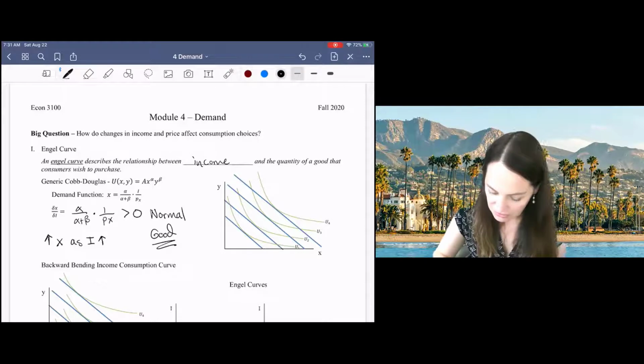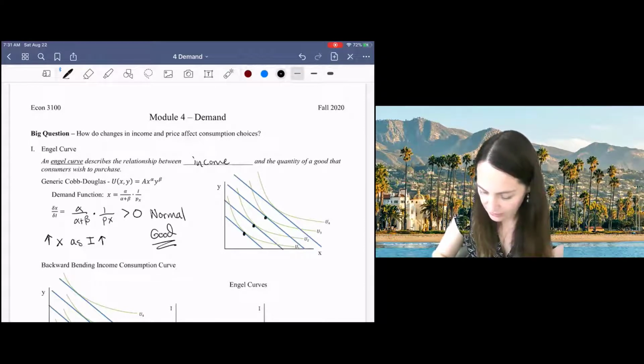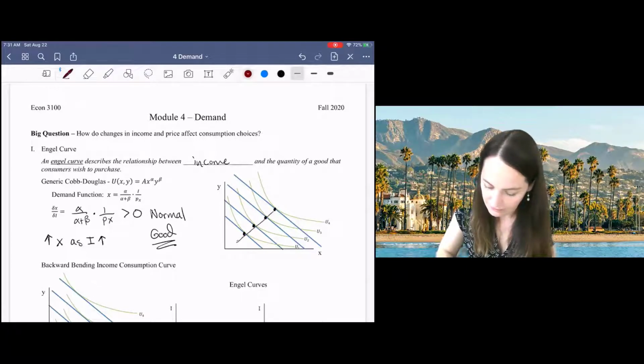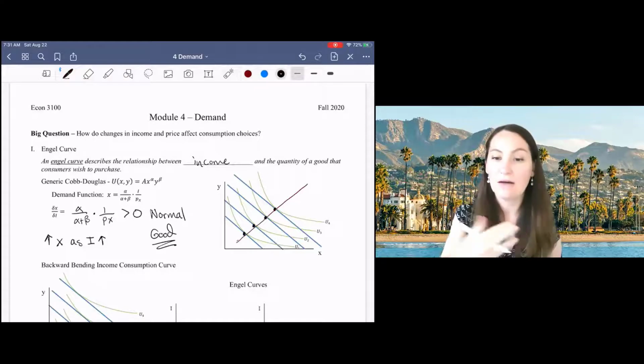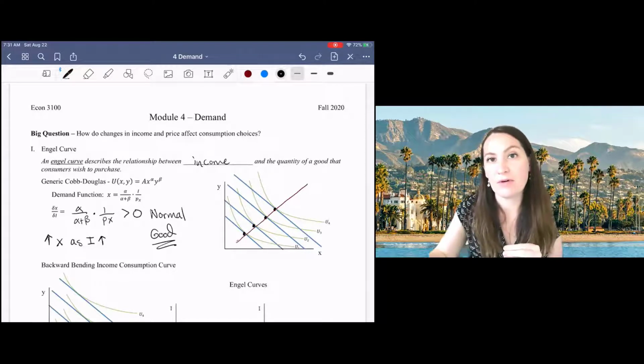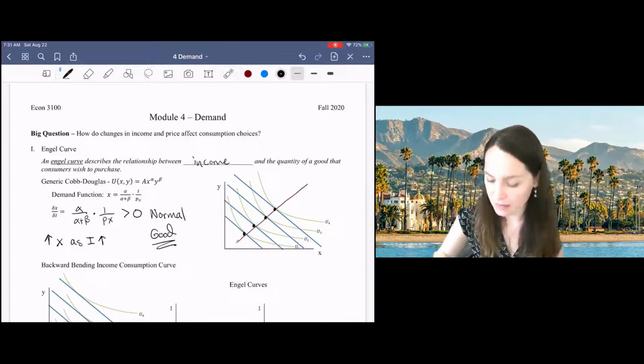So I can just see where those tangencies are here. And then connecting them gives me this income consumption path, which describes how my optimal consumption bundle changes as income changes.